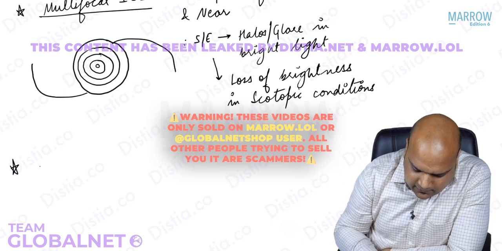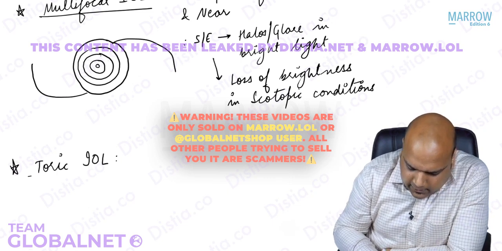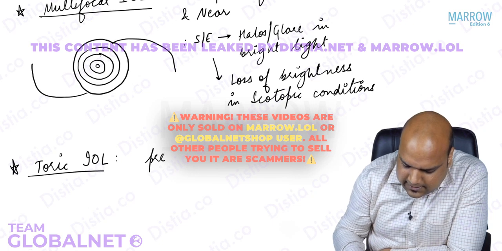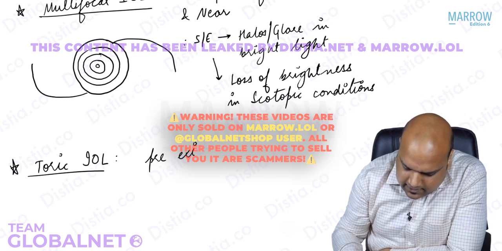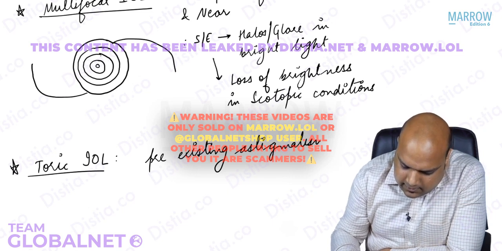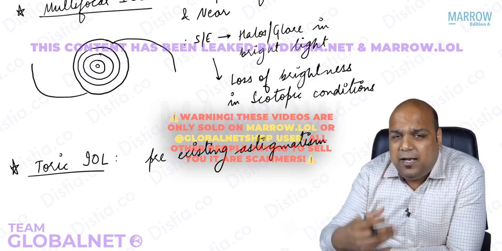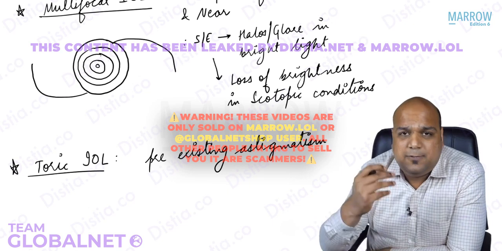Another important type of IOL that you need to understand is the toric IOL. Toric IOL is used if there is pre-existing astigmatism. If you have a high cylinder number, basically greater than 1 cylindrical number, then it is preferred to implant a toric IOL, so that again we are able to make you spectacle free, at least for far vision.